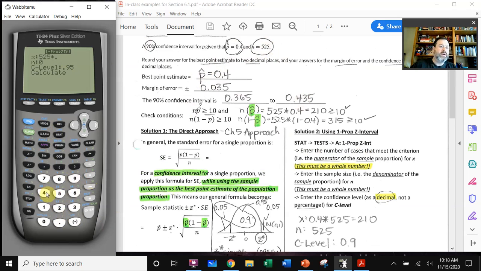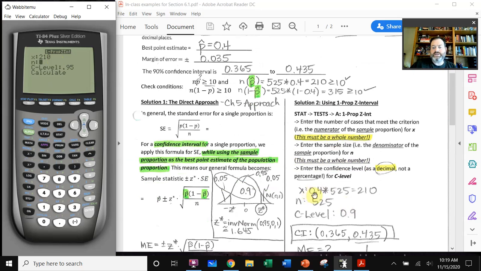So you would have checked ahead of time that the sample was large. And you can see it's done here in the problem. We already practiced that, so I'm not going to go over it. And what you do is you just type in whatever number that would be. So we see 525 times 0.4 is going to be 210. But you can see that you can type formulas into here and it'll compute it for you. See what it says here? 0.4 times 525 is 210.